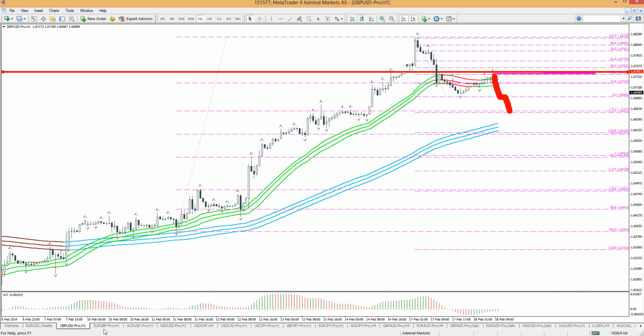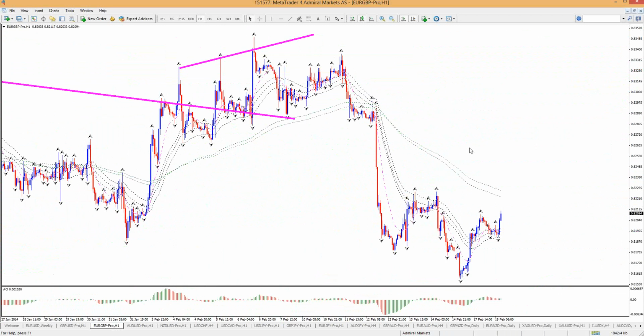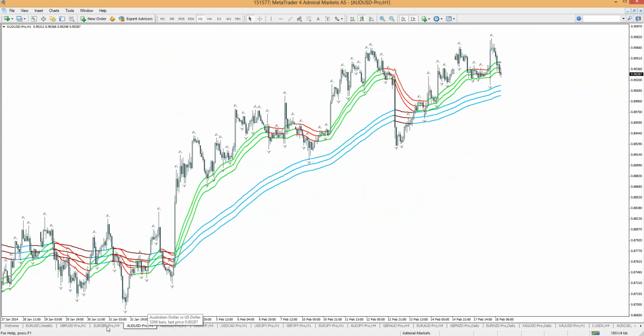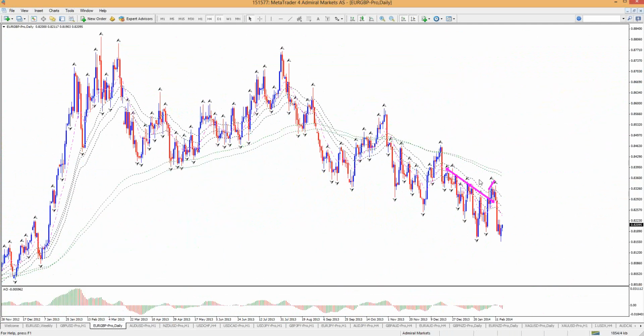Euro pound made a big fall, now right at the bottom. I don't know, it's pretty choppy. So that's good actually for ranges. Let me take a look at that. Although it's choppy, it is moving with a downward slant.